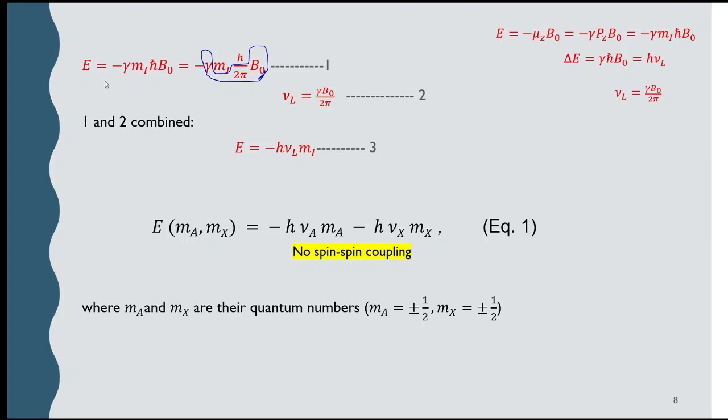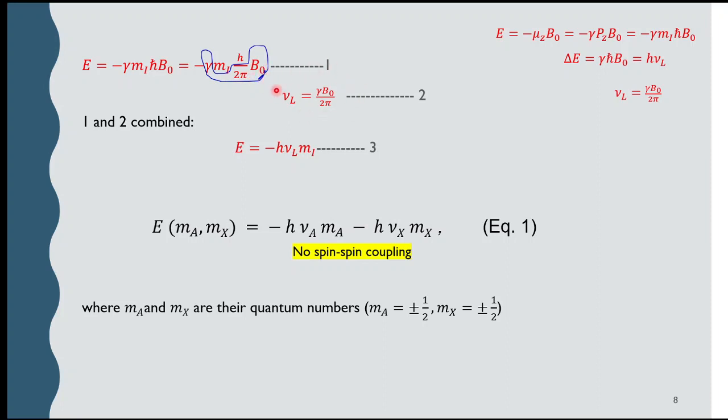We've seen this equation before, and you know that the energy equals minus gamma, which is the gyromagnetic ratio, times the quantum number, times h bar, which is just the Planck constant over 2 pi, times the magnetic field. If you spell out this h bar as h over 2 pi, you will see something familiar. You have gamma, you have the over 2 pi, you have B naught.